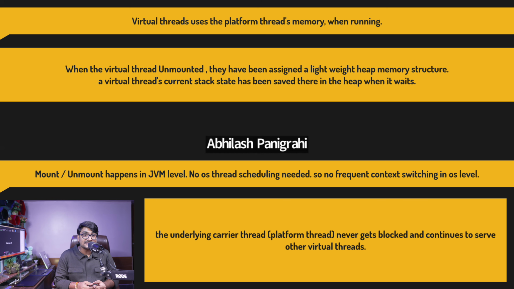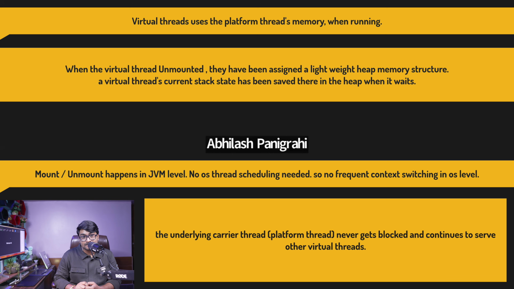That is why virtual threads are fast and have less overhead than platform threads, because with many platform threads, like 1,000, context switching will happen.